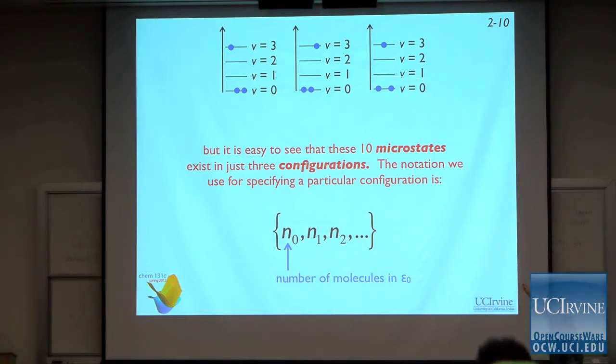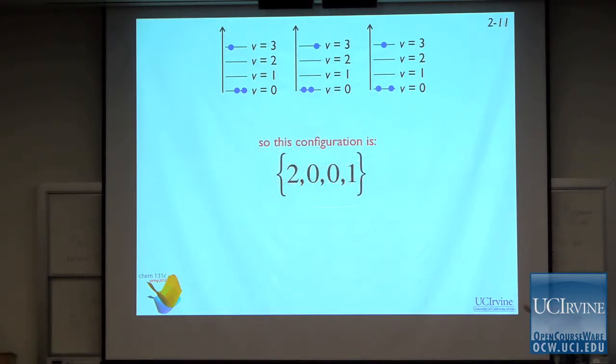So you can see these are all in the same configuration. How do I know that? There are 2 that have the ground state occupied, and 1 that has the third, V equals 3, occupied. That's also true here, 2 and 1. Also true here, 2 and 1. So they all have this configuration here, {2, 0, 0, 1}.